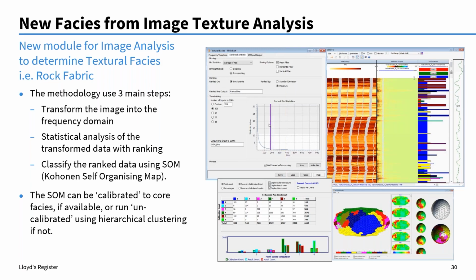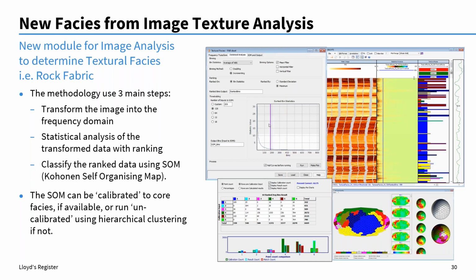But this particular module is a three-step process. The first thing we do is we take our image log and we transform it using a Fourier transform-like mechanism into the frequency domain. Once we have that image, we then provide a number of statistical tools and filters to the data to come up with a ranked image.